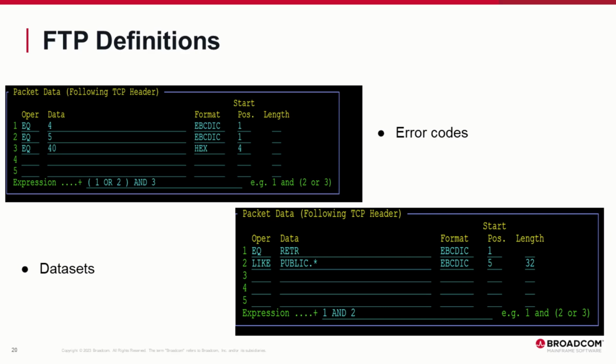In this first screenshot, we're taking a look at error codes, right? So I mentioned a little bit ago that FTP, much like a protocol like HTTP, has error codes, right? I'm sure you've all seen an HTTP 404 error code indicating that the resource isn't there. FTP has something very similar, and we can exploit that and use SmartTrace to capture packets that only have FTP errors in them, right?